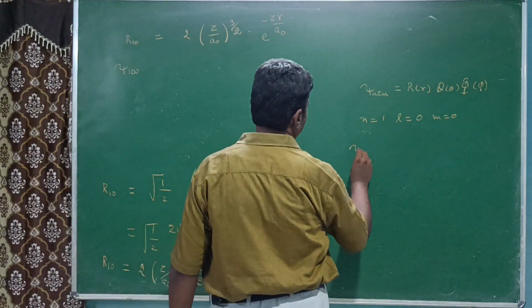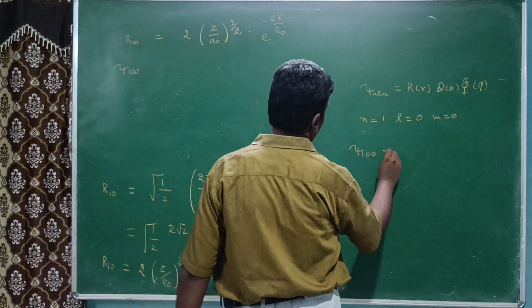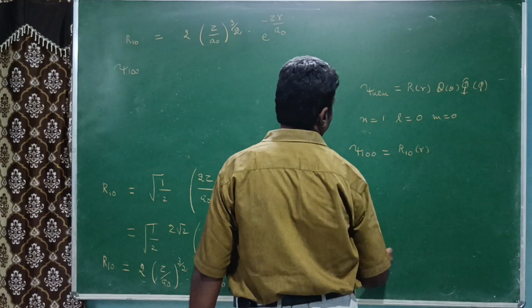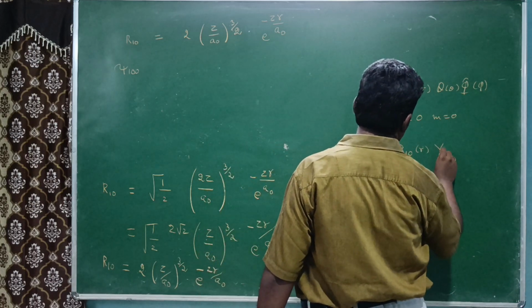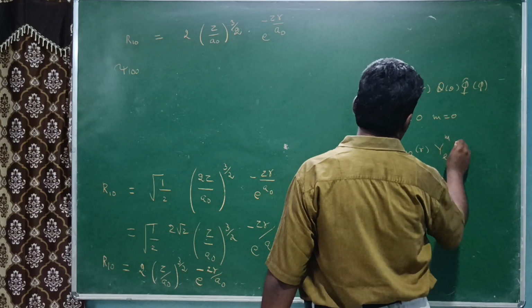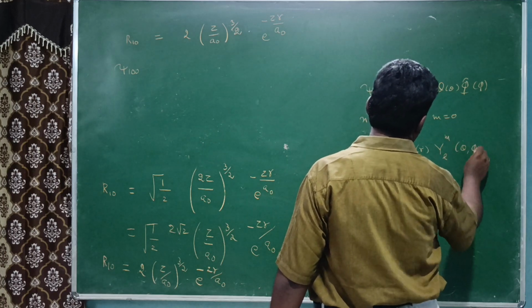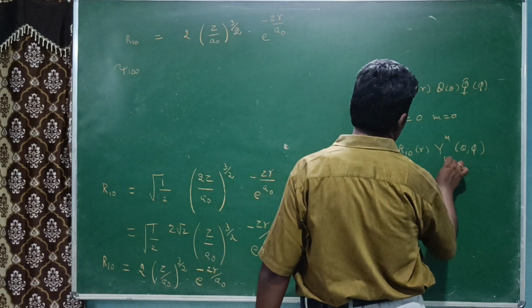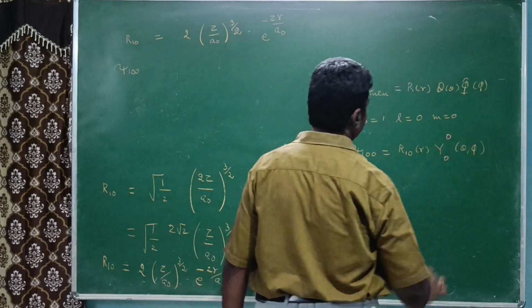Then psi 1 0 0 is equal to R10 of r into Y lm of theta comma phi, the spherical harmonics. Here the value of l equal to 0, m is also 0.